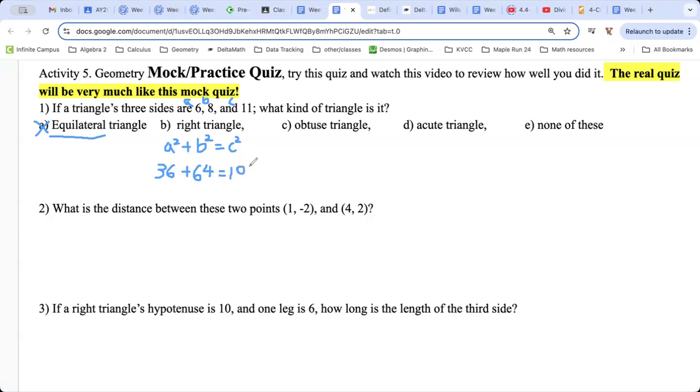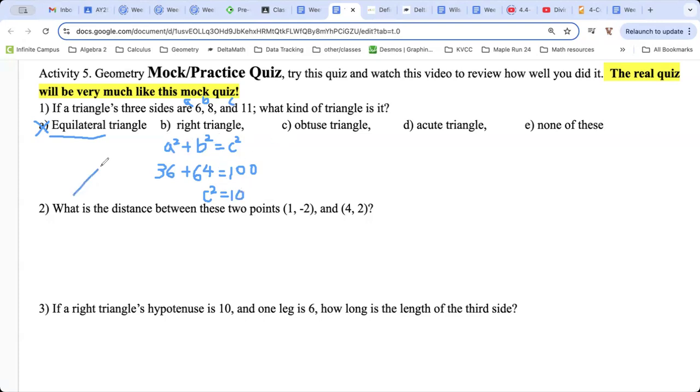Okay, so if C squared is equal to 100, then C has got to be equal to 10. And you realize that we did this pretty well.